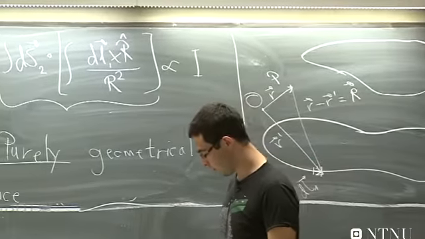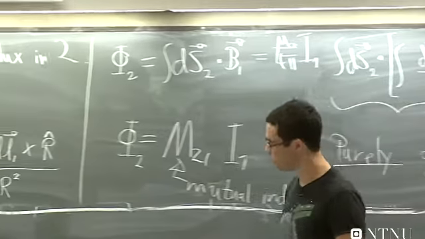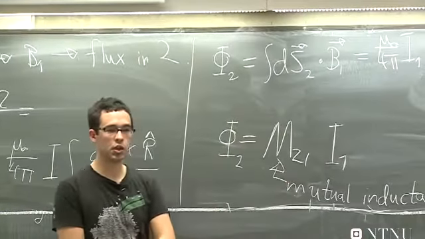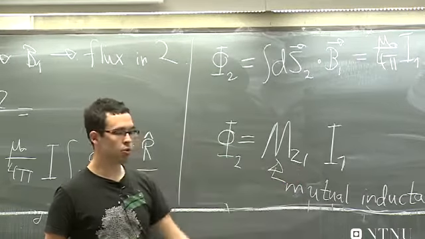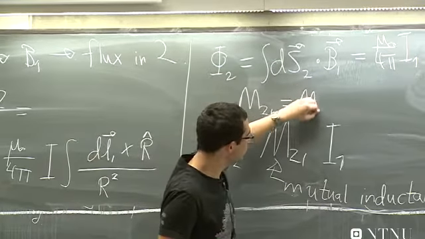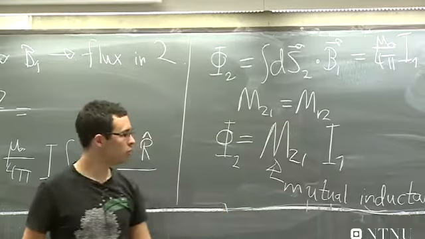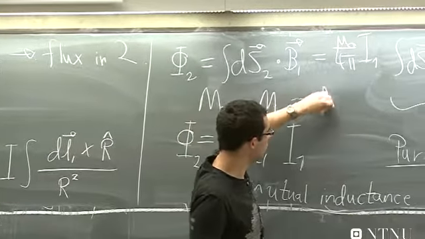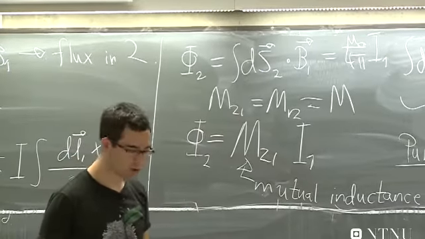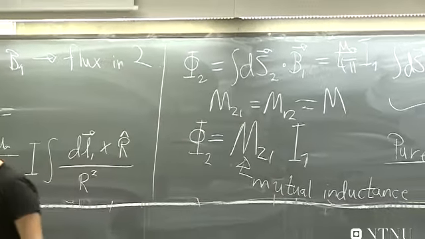Well, I will show that in a second maybe more rigorously, but you'll see that there's no change in M, so to speak. So M21 is equal to M12. So I can just call it M in the end. And now let's try to show that a bit more in detail.